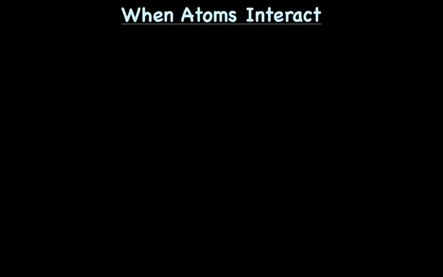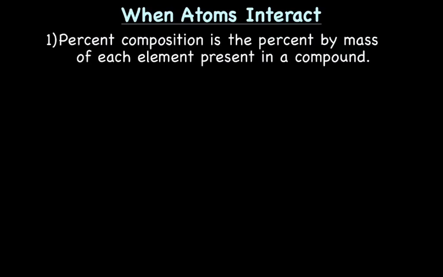Okay, let's switch gears a little bit and talk about what happens to atoms when they interact. So what I really want to talk about here is percent composition. The definition of percent composition is the percent by mass of each element present in a compound. So what in the world is a compound?